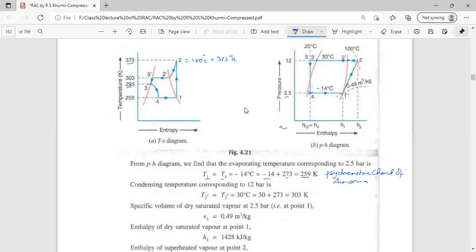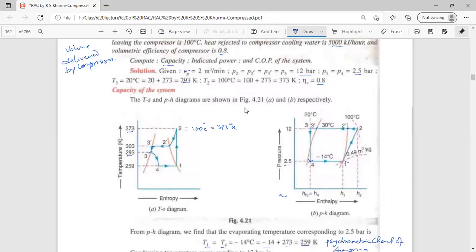Now, the condensing temperature corresponding to 12 bar is T2 dash, which is given as 30 degrees centigrade, 30 plus 273, that is 303 degrees Kelvin itself.